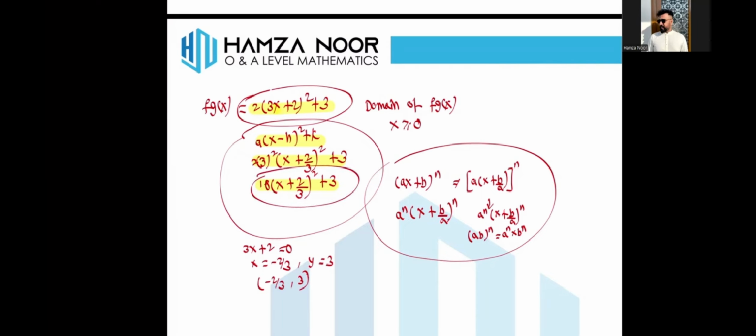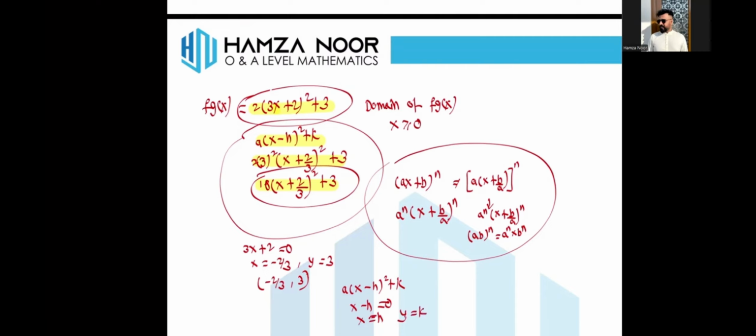As you already know, when you have the completing square form, a times x minus h whole squared plus k, whatever is inside the bracket, meaning x minus h, is equated with 0. So x is equal to h and y is equal to k.